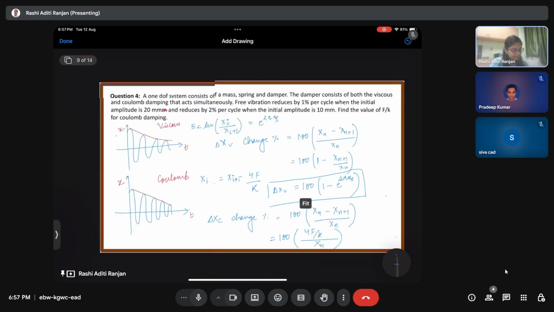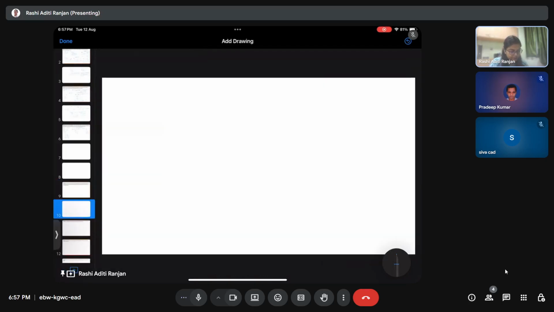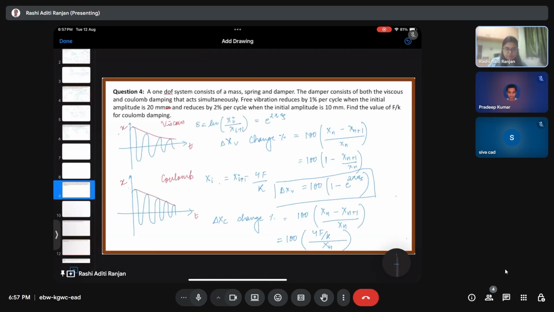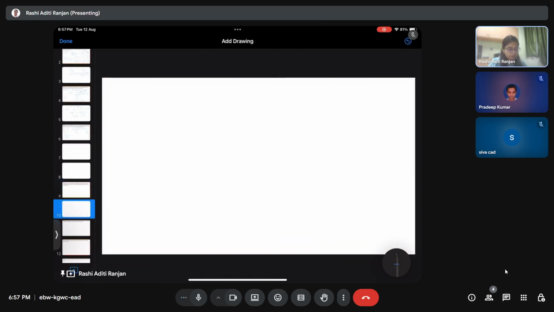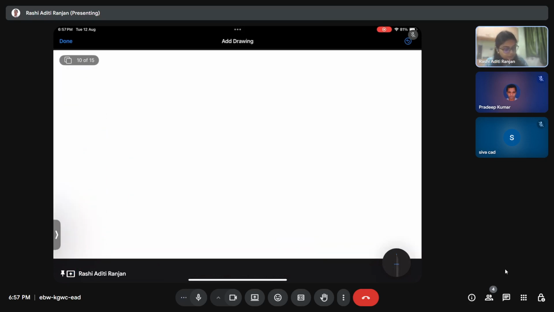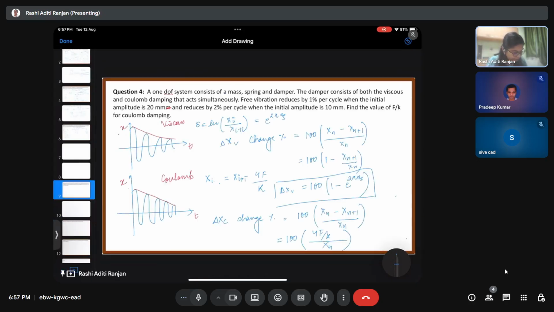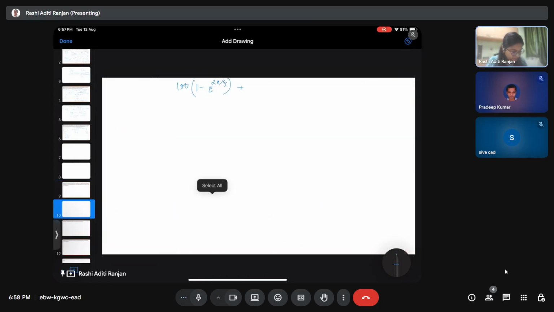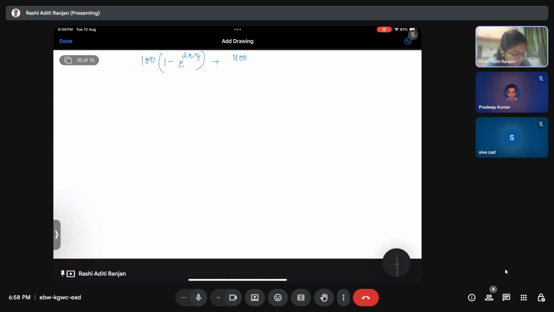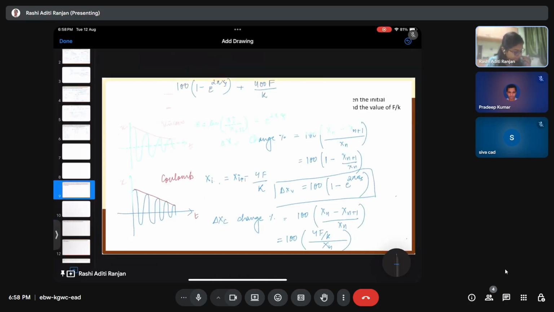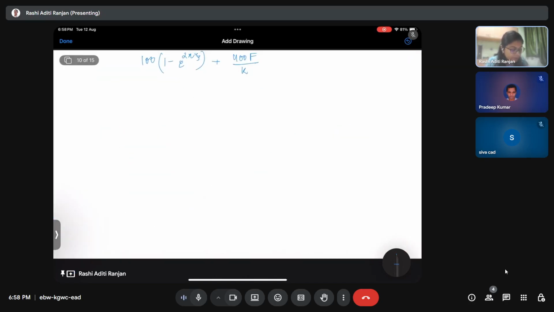Now, at any point of time, the total reduction percentage is going to be what? It is going to be nothing but 100 times 1 minus e to the power 2 pi eta, plus 400 f by k times x.